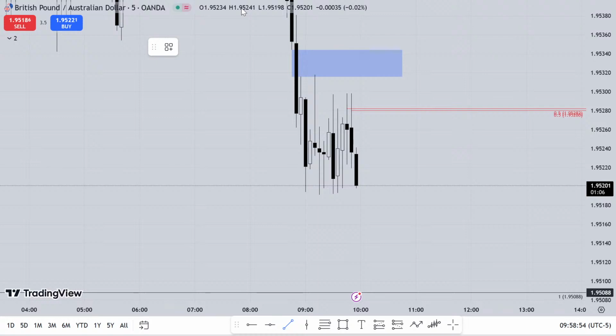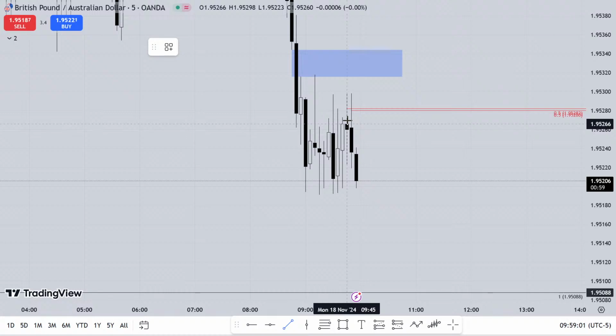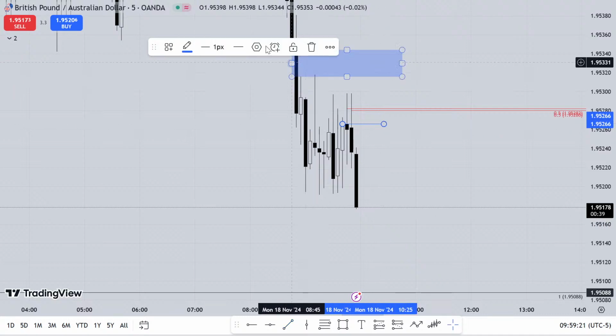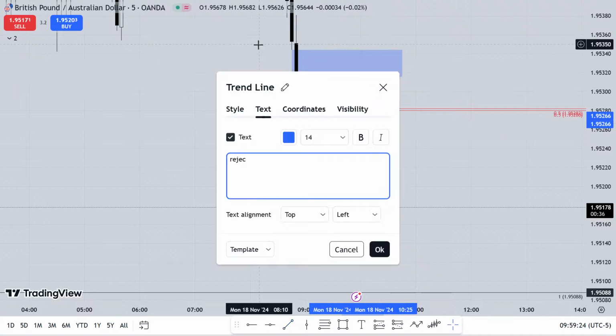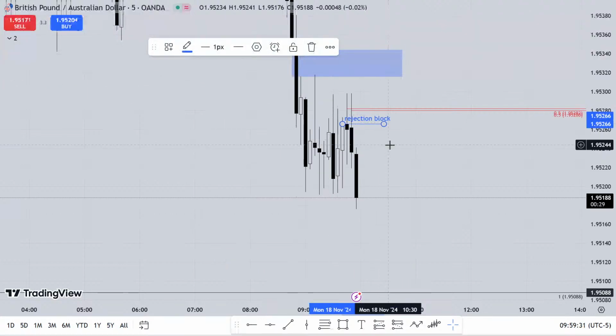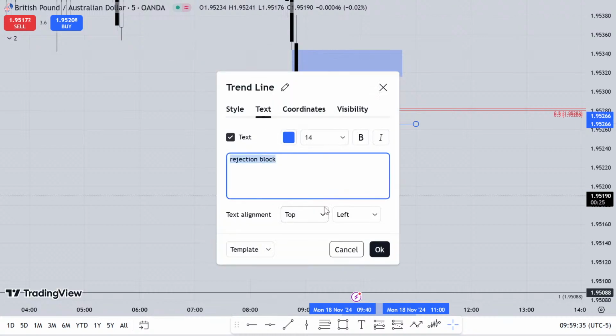Look at the price here. So note the opening of this, which is 1.95266, and the close of this, which is the highest body, is 1.95266. So it's basically the same. So it started as a rejection block, seeking lower prices.